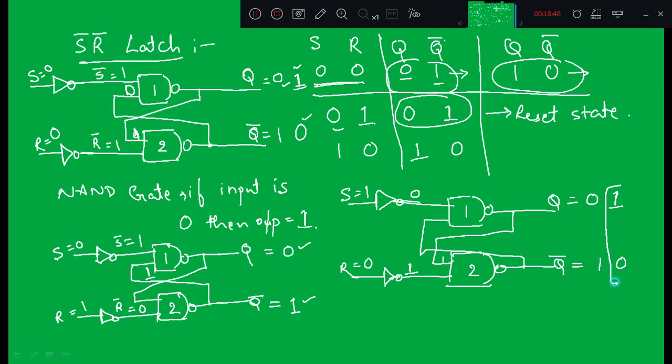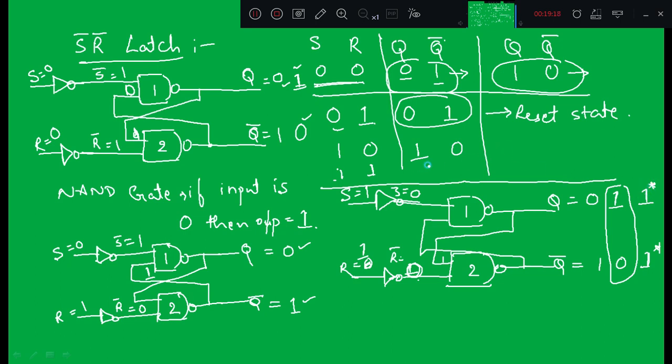So this 1 0 will act as the previous state, right? Since S is equal to 1 and R is equal to 1 for the last combination, S bar is equal to 0 and R bar is also equal to 0. Since one input of both NAND gates is 0, the output will be 1 1, right? So again they are not complements of each other.